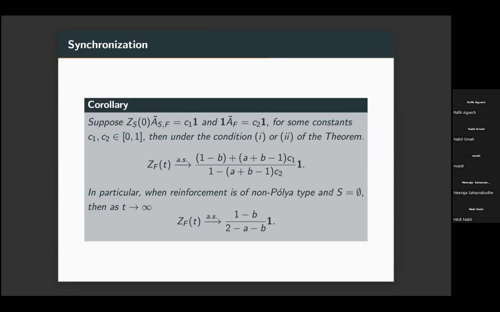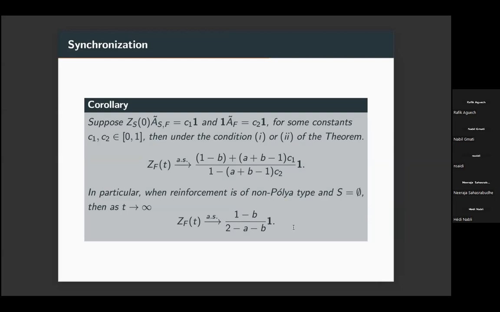Remember, if there are no stubborn vertices, to get a deterministic limit, the reinforcement has to be non-Polya type. And when there are no stubborn vertices, the limit reduces to (1 minus B) divided by (2 minus A minus B). All right, so this just comes as a corollary of the earlier convergence results.